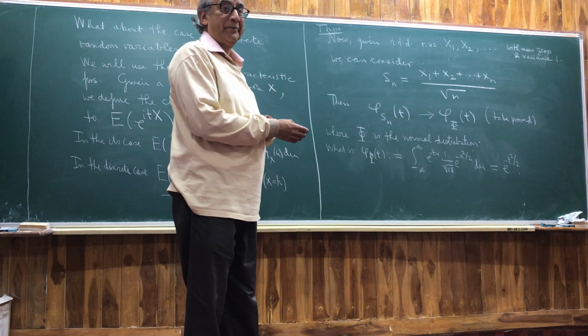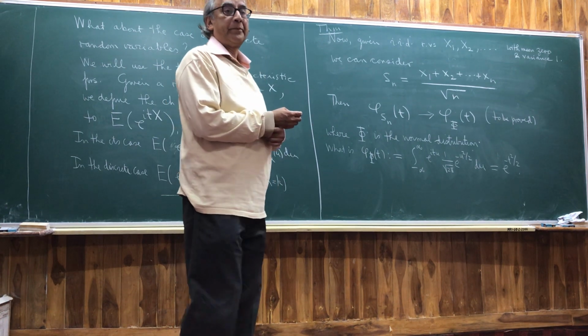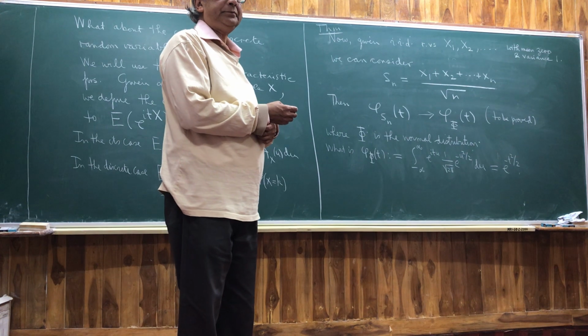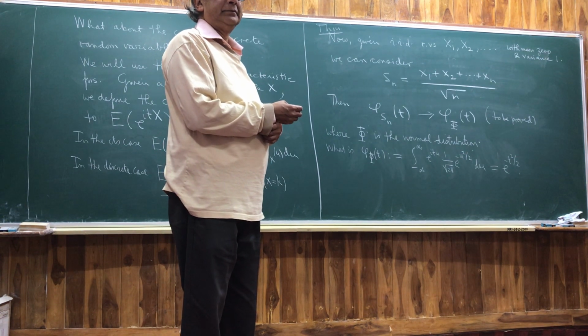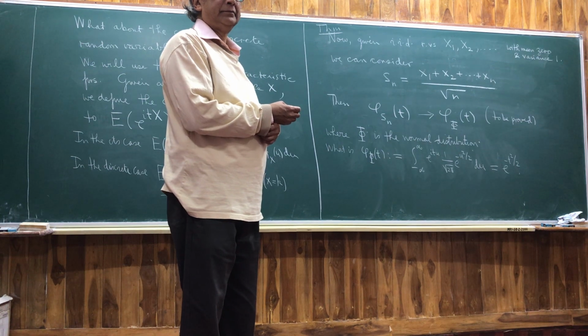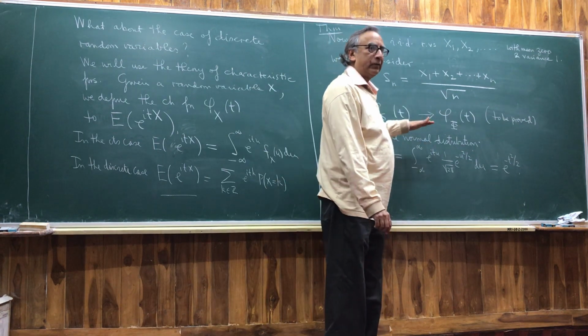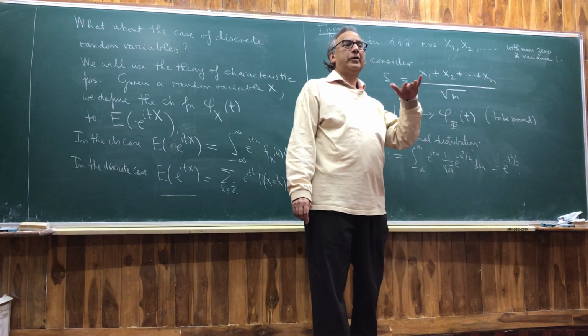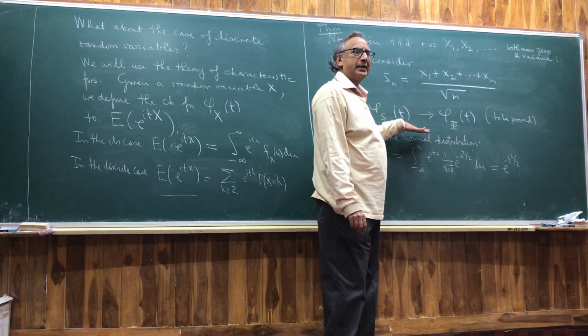Does it make sense? What we did yesterday was to show that the Fourier transform is converging to the exponential of minus t squared. Isn't that the same thing? Yes, I agree. In the case of continuous random variables, it will work out to basically the same thing.